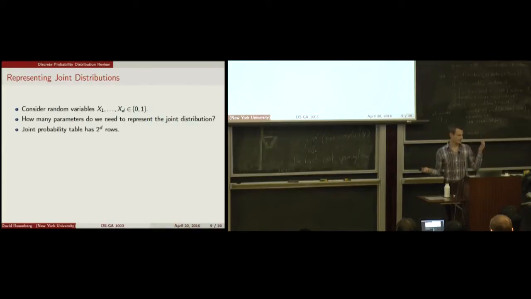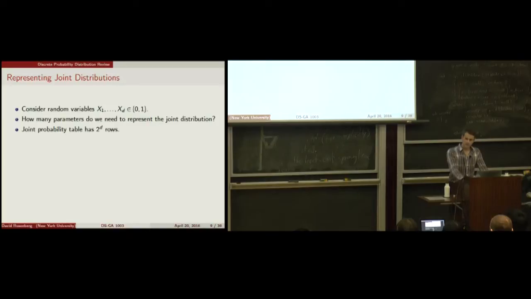Why? Because we have 2 to the d possible combinations of d variables, if they each can take 2 values, great, so that's the 2 to the d. And each of those combinations has a probability. Those probabilities have to sum to 1, so we can really leave off one of those parameters and still represent the distribution. So that's exponentially many parameters needed to represent the full unrestricted joint distribution on d variables.